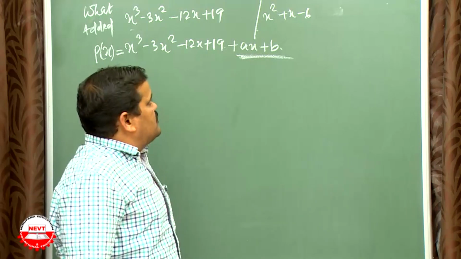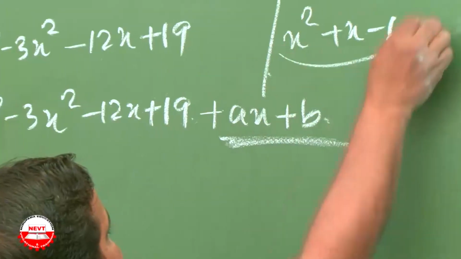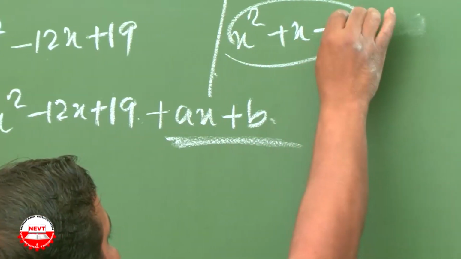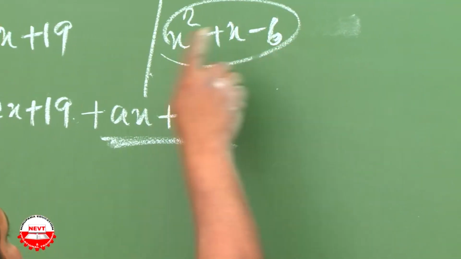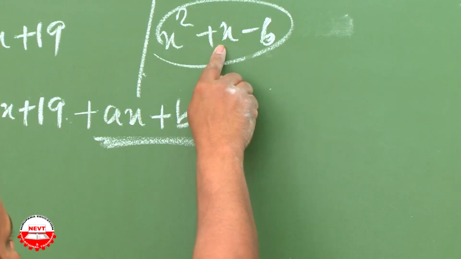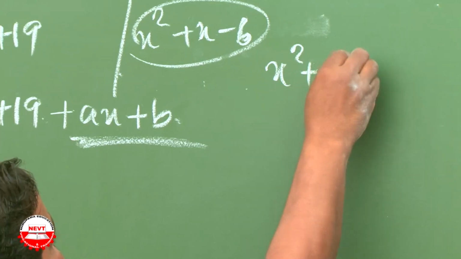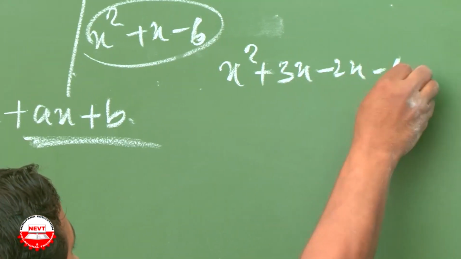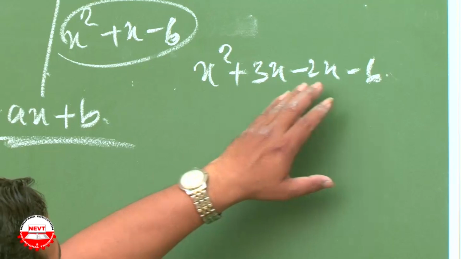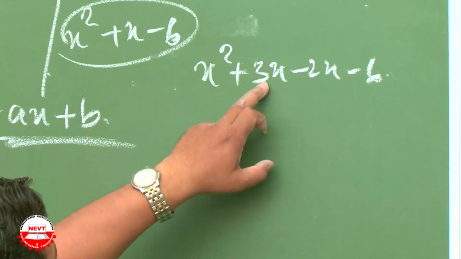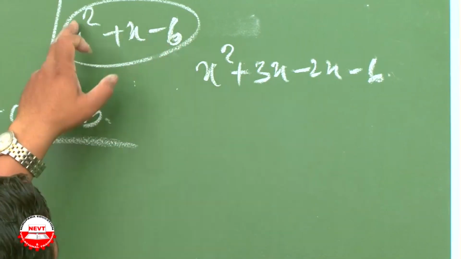How to solve for a and b? First factorize this. Just look here, product is minus 6, difference is 1. So, x square minus 3 plus 3x minus 2x minus 6. That means 3x minus 2x is x, 3x into minus 2x is minus 6x square.